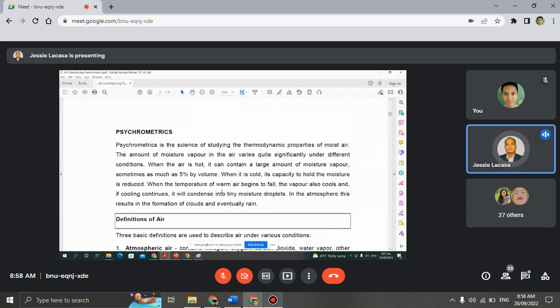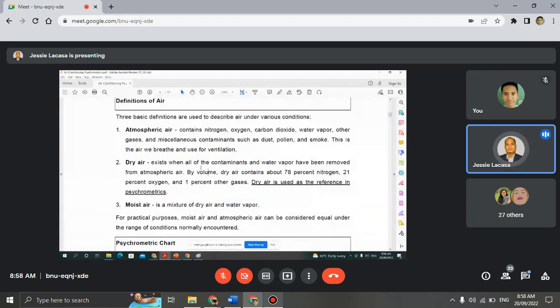This is the air we breathe and use for ventilation, the air we get from our surroundings. For dry air, we have removed the contaminants and the water vapor. By volume, dry air contains about 78% nitrogen, 21% oxygen, and 1% other gases. Dry air is used as the reference in psychrometrics.